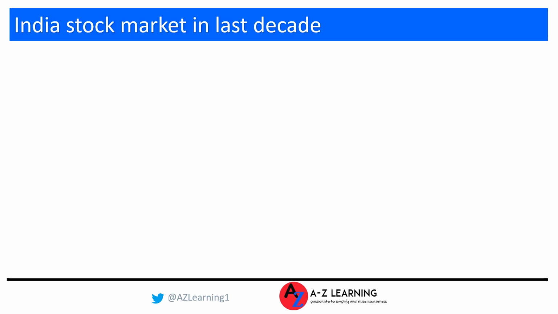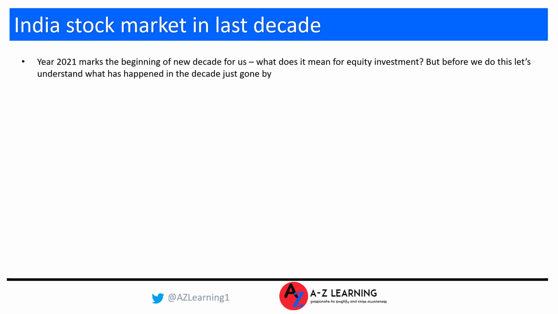Before we talk about what has happened and what is likely to happen in the future, it's important to take stock of the current situation. Year 2021 is the beginning of a new decade for us, and it's important to know what is likely to happen in this decade, which is starting now.